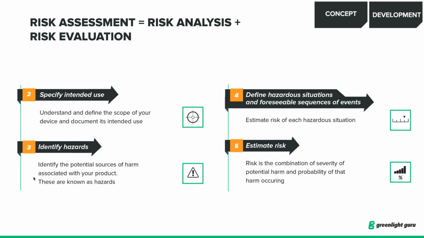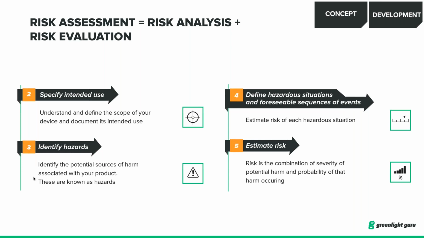Once you start to identify, and I'm going to talk about this in a very linear way, it doesn't have to be so linear per se. It's about understanding the relationship of these different items, hazards, and how they relate to hazardous situations. Step number 4, hazardous situation.